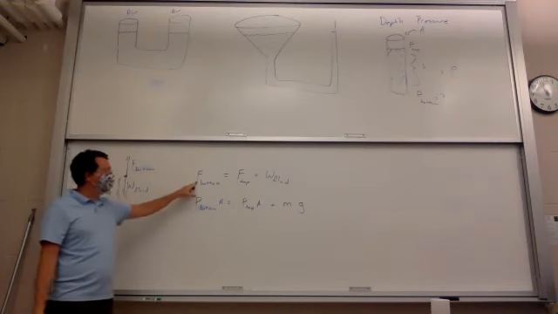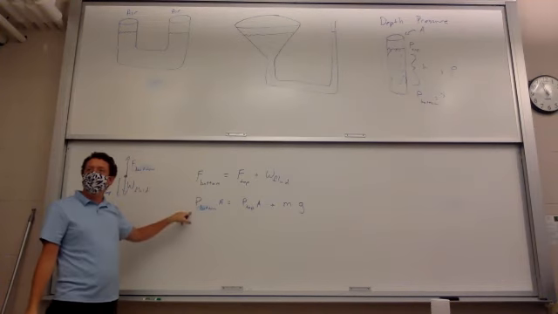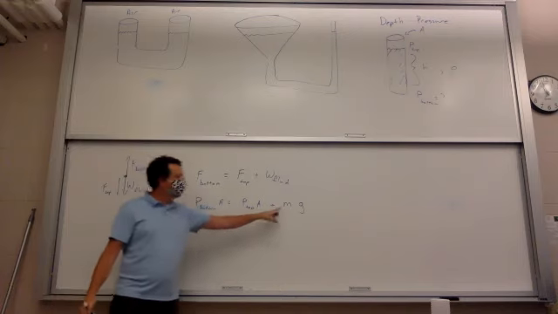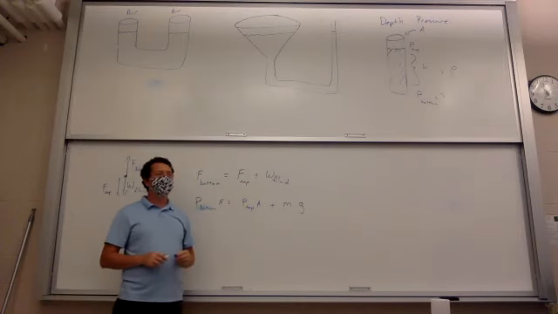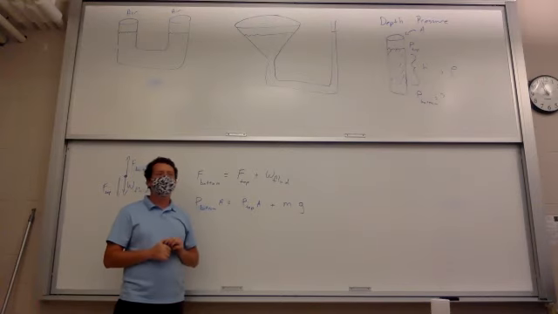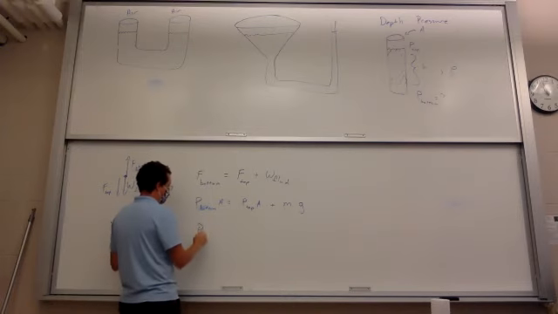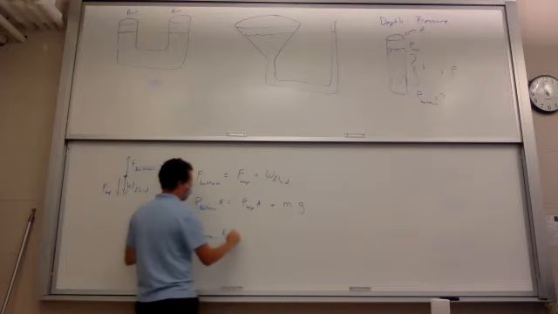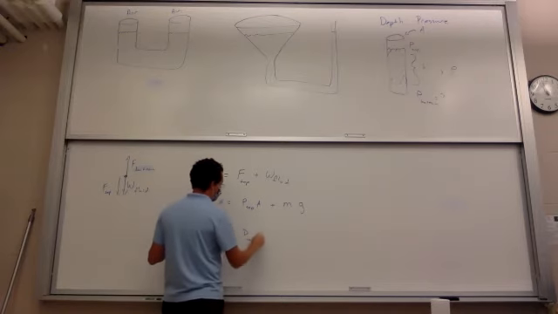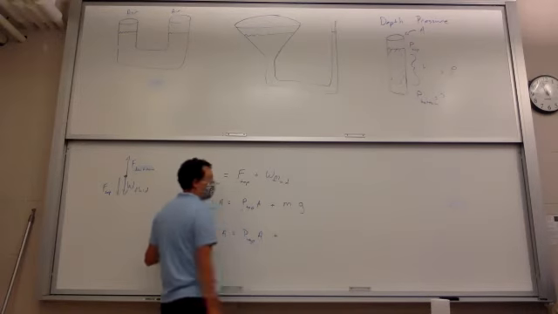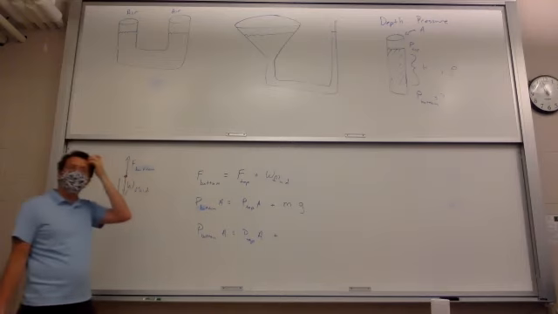But I got rid of forces using pressure. I kind of want to get rid of mass and write it with some other property. What is mass related to? Density. How do you go from density to mass or mass to density?